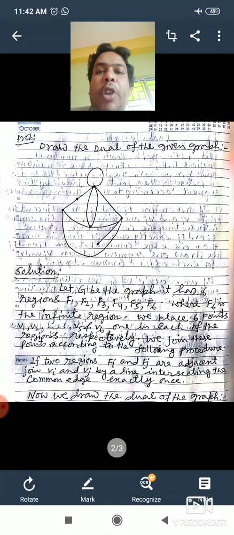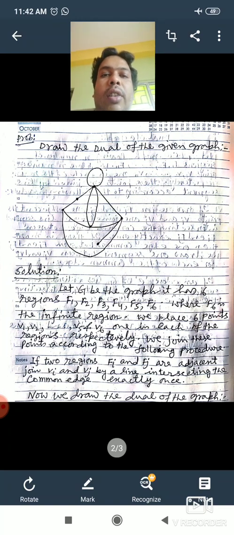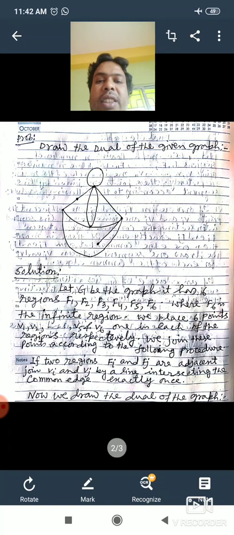Now take a problem. Draw the dual of the given graph. Okay, solution. Let G be the graph. It has 6 regions, that is faces f1, f2, f3, f4, f5 and f6, where f6 is the infinite region.